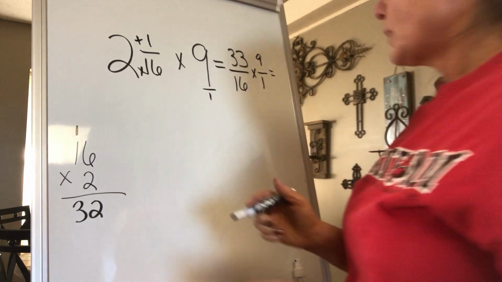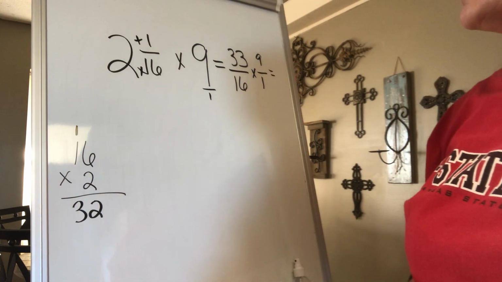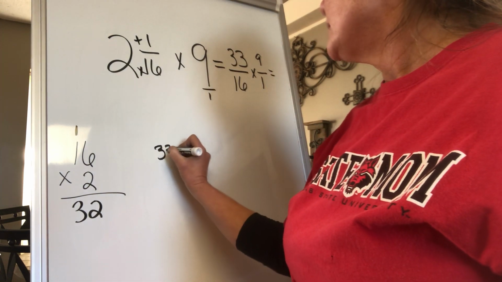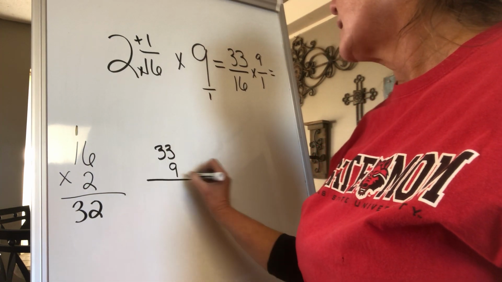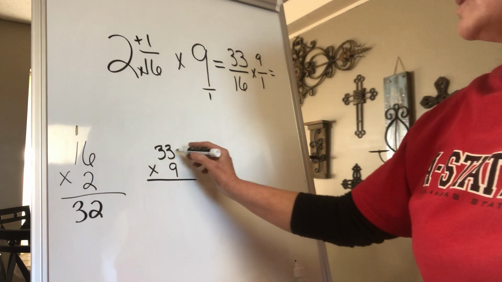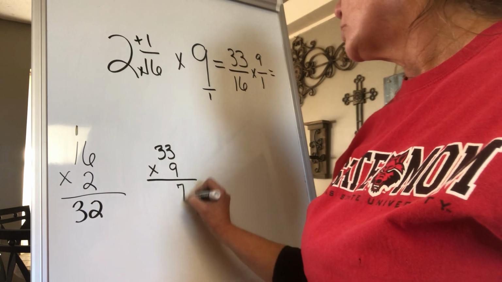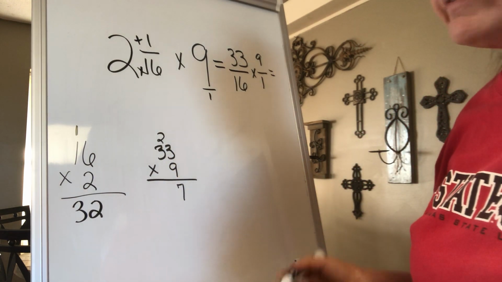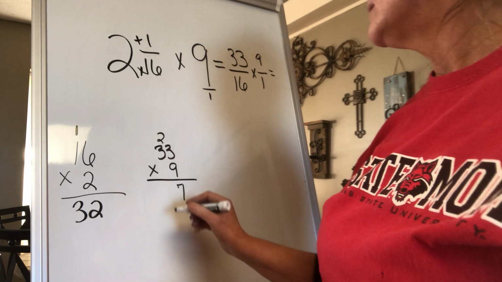And we know that we always put this over a 1, and then we would multiply straight across. And again, we would just go to the side and do the math. 33 times 9. 9 times 3 is 27. 9 times 3 is 27, plus the 2 that we carried.